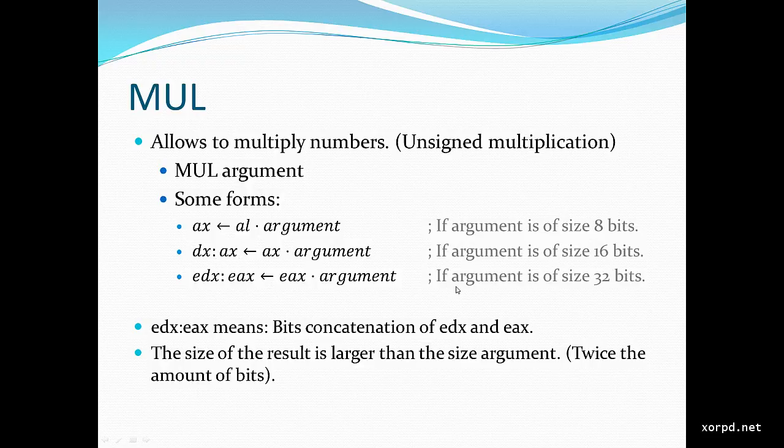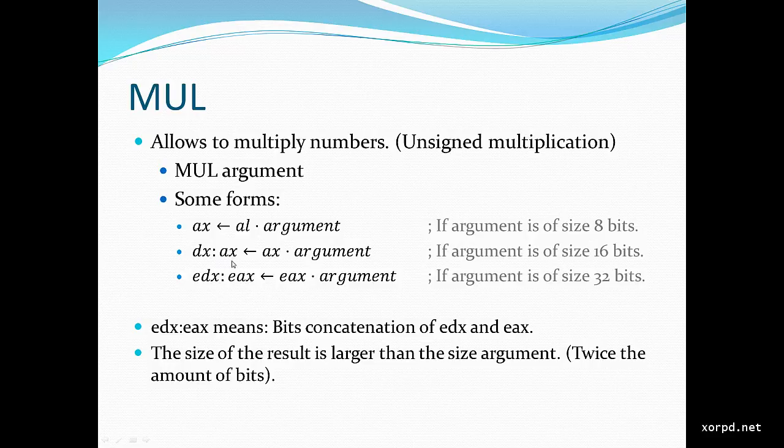The last form, which is more modern, is for arguments of size 32 bits. And this time we multiply EAX by the argument, and we usually get a large number, which is going to be stored inside EDX, EAX.